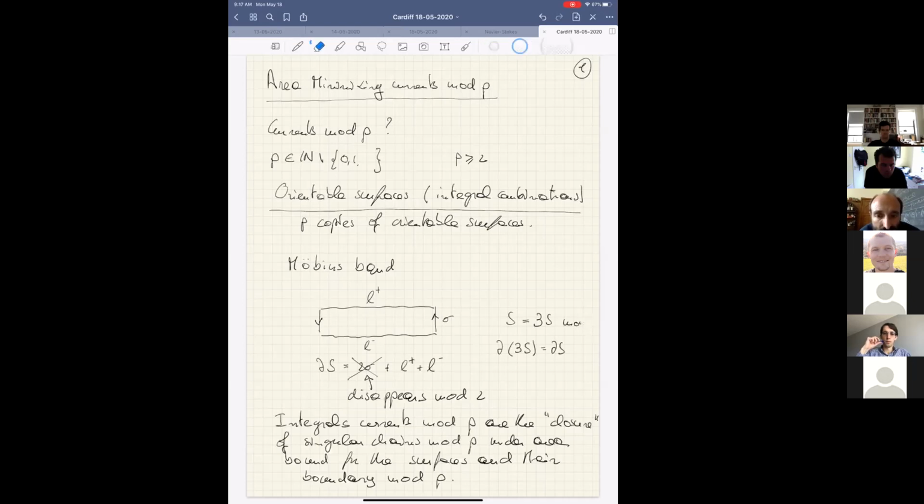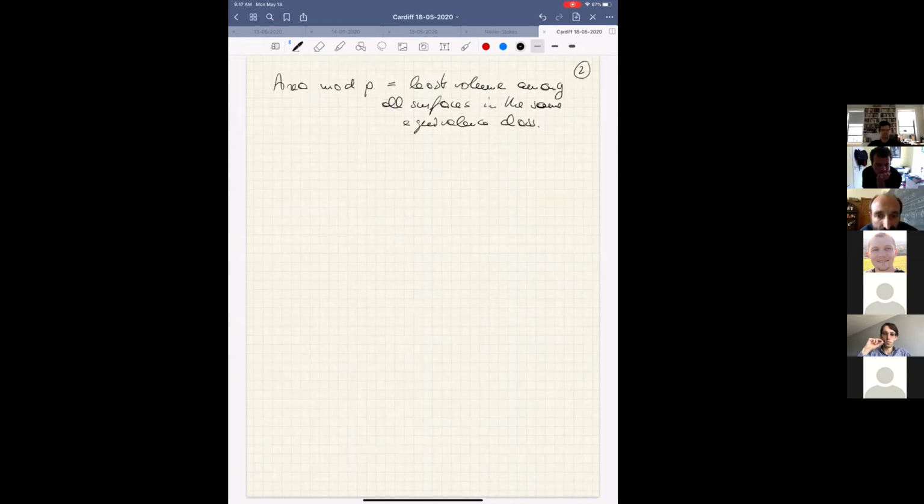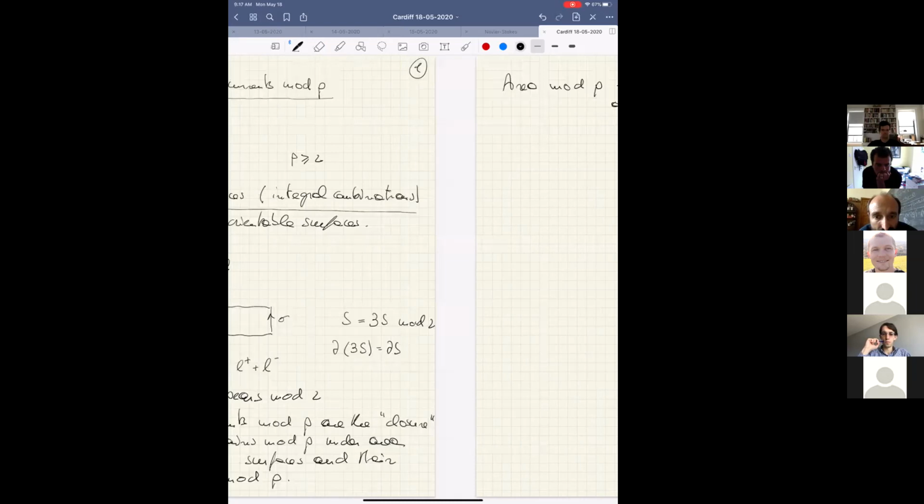So when you're defining the area, you want to pick up the least multiplicity that you can give to your surface in the same equivalence class. So you're not going to take, for instance, 3 times the area of the strip, but you're just going to take once the area of the strip in the case of the Mobius band.